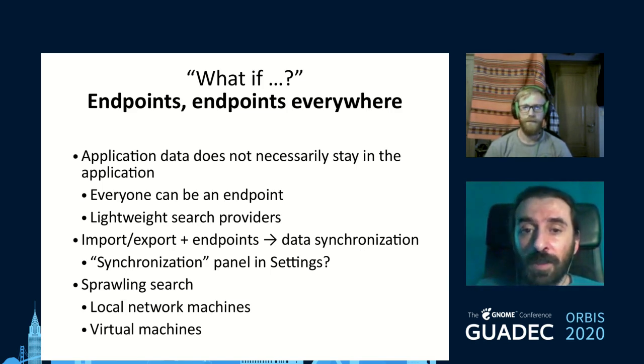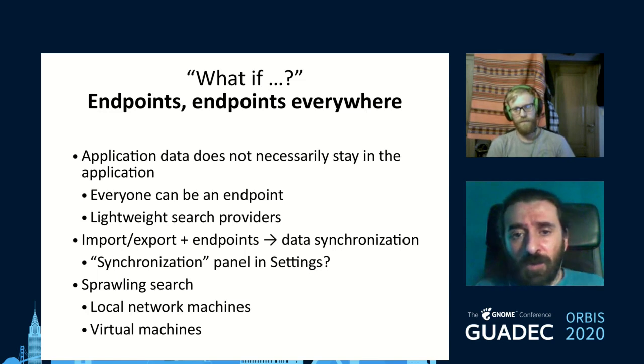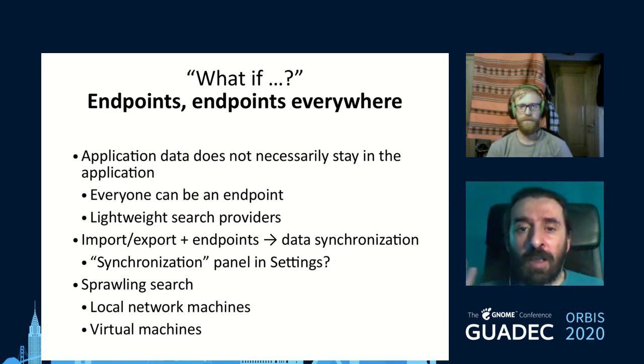Another thing that is kind of nice here is that I've been talking about introspection of data and about how you can import and export loads of data between endpoints and whatnot, and we have endpoints, so data can talk between them. And this is essentially data synchronization.